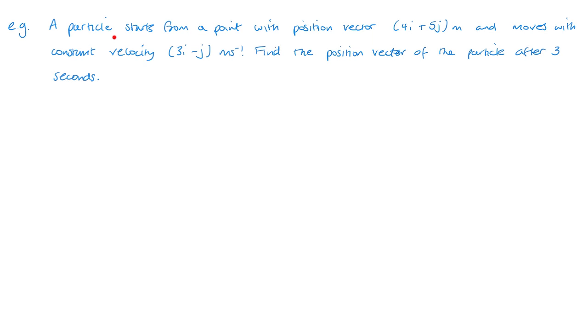So we have this one. A particle starts from a point with position vector 4i plus 5j and moves with constant velocity of 3i minus j. Find the position vector of the particle after 3 seconds. So we want R, and it's R0 plus vt. R0 is 4i plus 5j, and vt, well, time is 3 seconds and the velocity is 3i minus j.